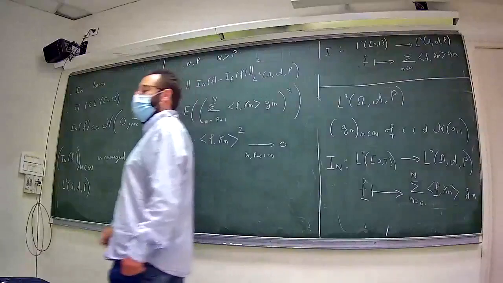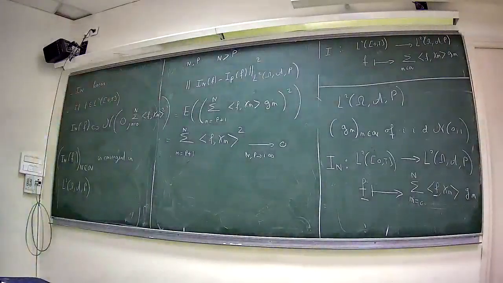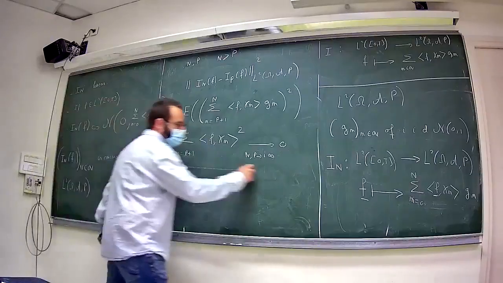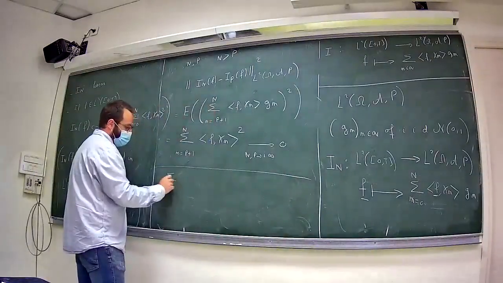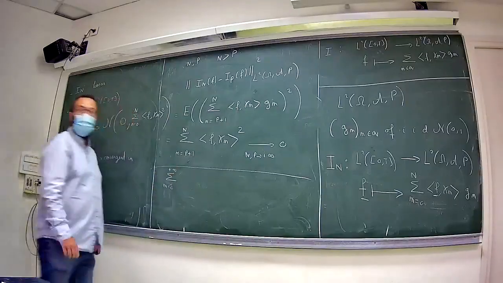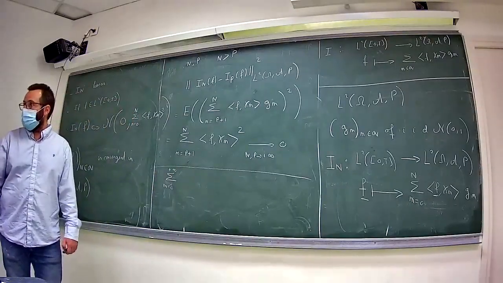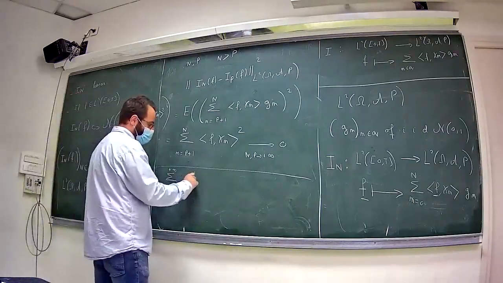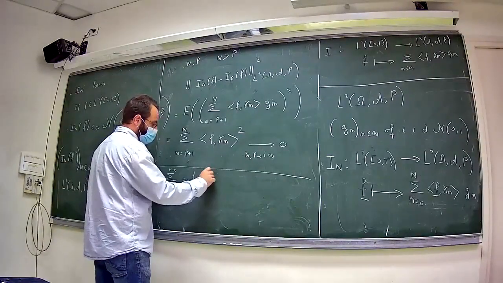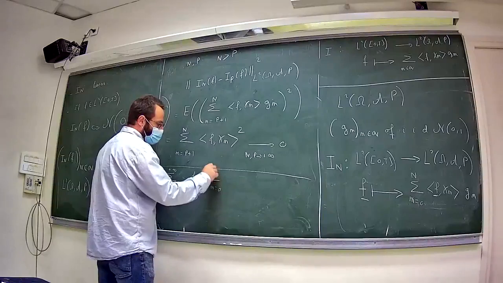This notation is for the limit when n goes to plus infinity of the finite sums.